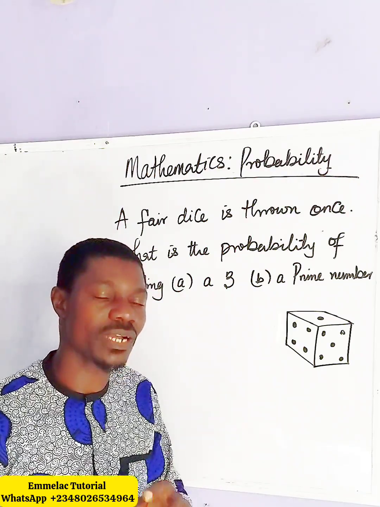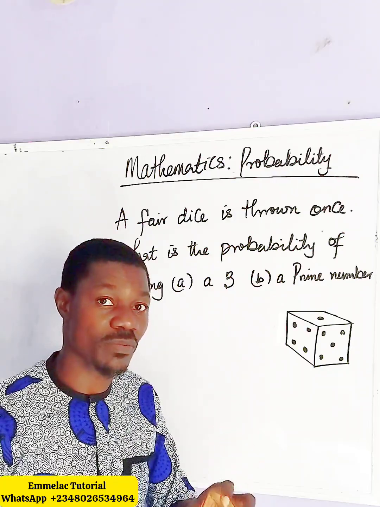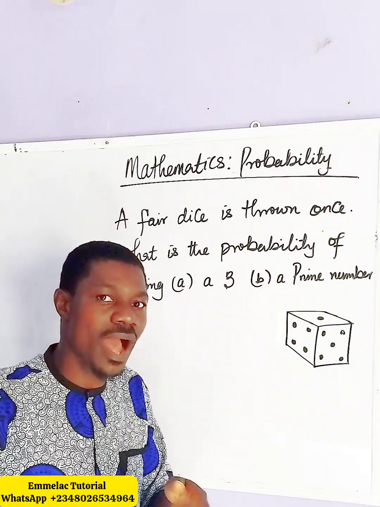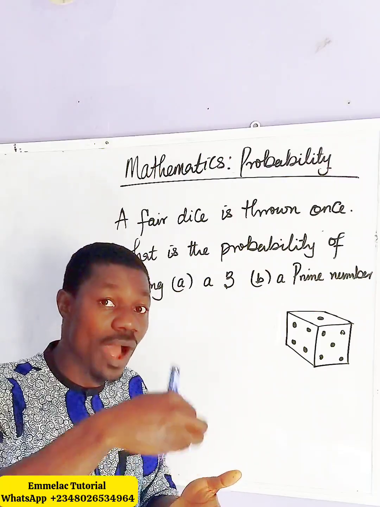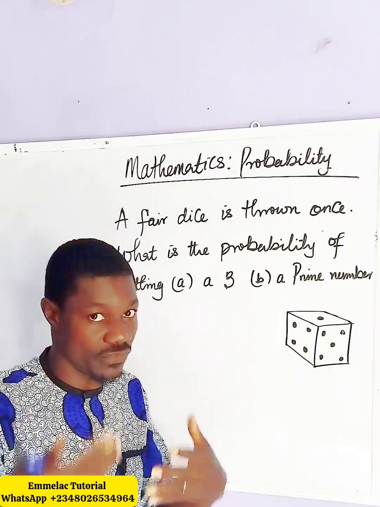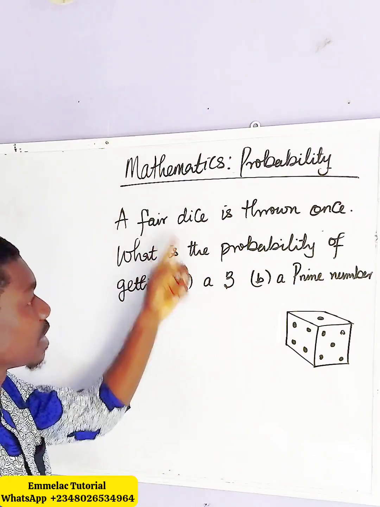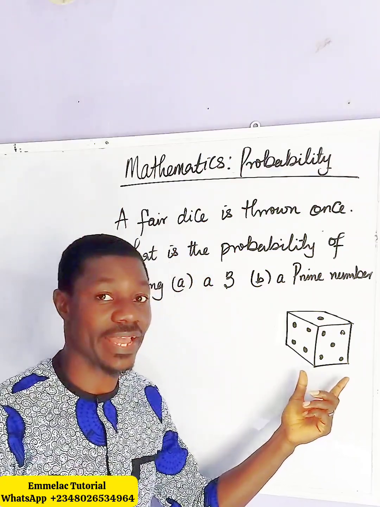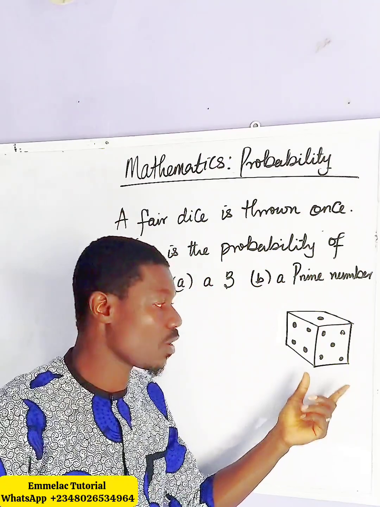Two things that we always consider while looking into a probability problem are the total outcome of the event and the successful outcome of the event. Since we are using a die, I've drawn a die here. What will be the total outcome of a die?